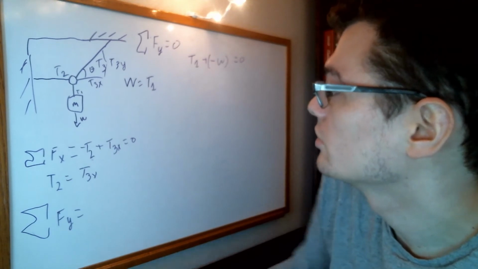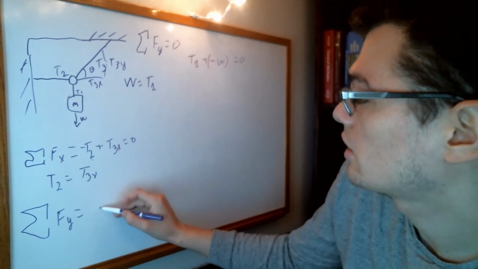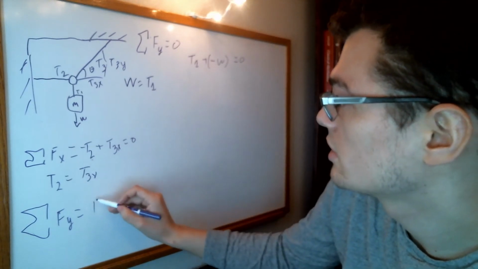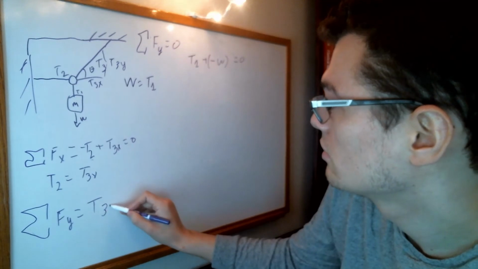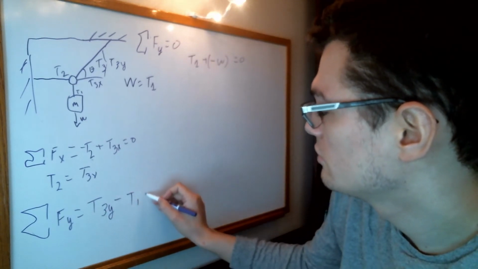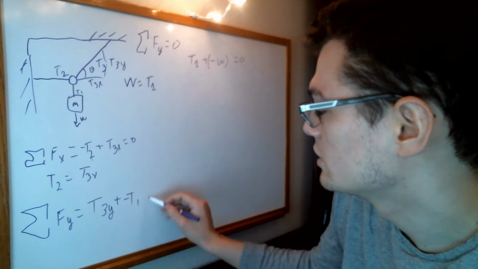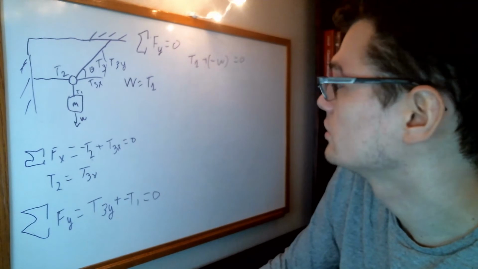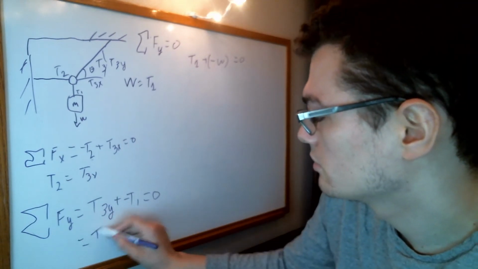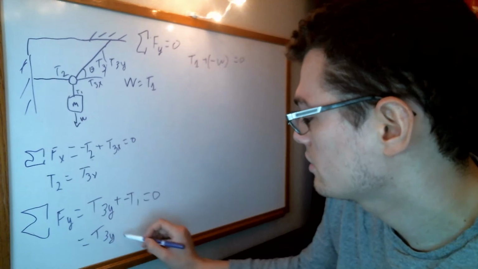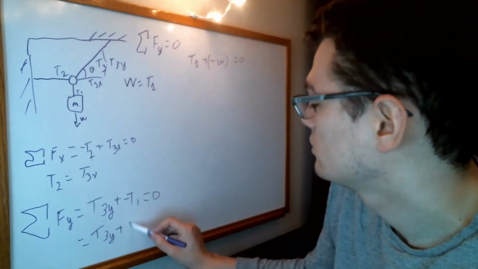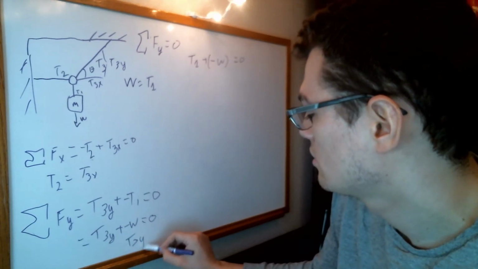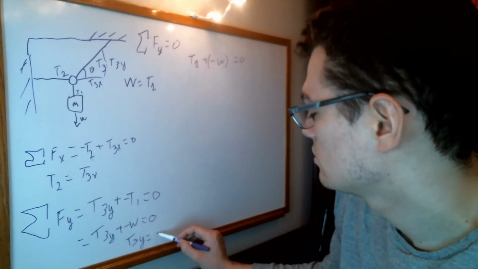So next thing that we'll do is we can say that if we're taking the positive direction to be up, we can say that T3y minus T1, well, it should be plus negative T1 is equal to 0. But we already know what T1 is. T1 is just equal to W. So then this is going to be equal to T3y plus negative W equals 0. So then T3y is equal to W.